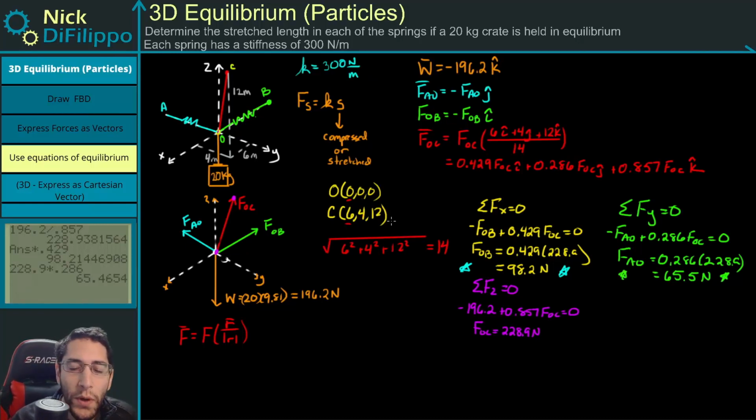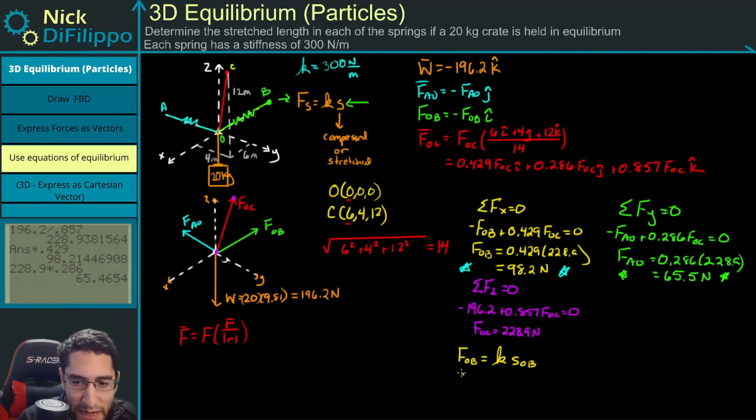So we know what the forces along the springs are, but now we can use this equation and figure out how far this spring has been, in this case, stretched. So let's do that. For F_OB, the force of my spring is going to be equal to my spring constant times how far this has been stretched.